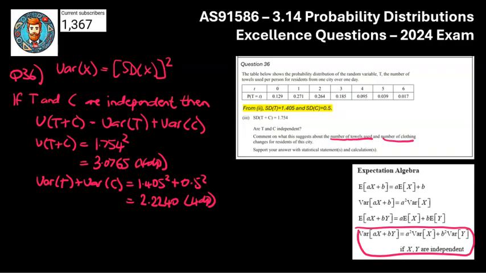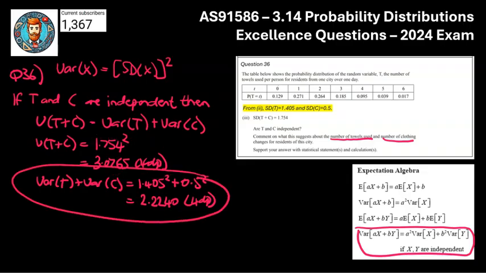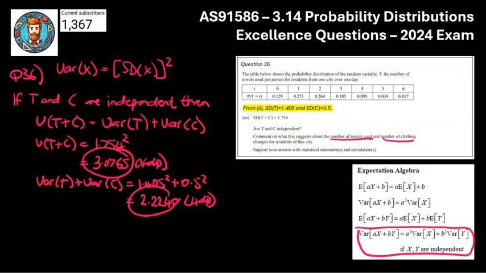So going back to my initial formula here, if these events T and C are independent of each other, the variation of T plus C should be equal to the variation of T plus the variation of C. And we can see these two numbers here are not equal to each other. So 3.0765 is not equal, I've written a 0, but that should be, to 2.2240.